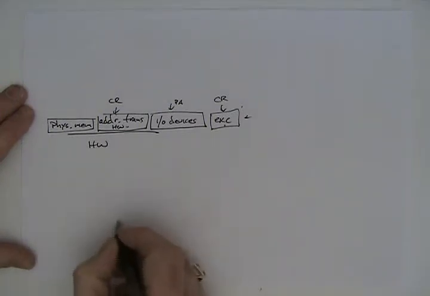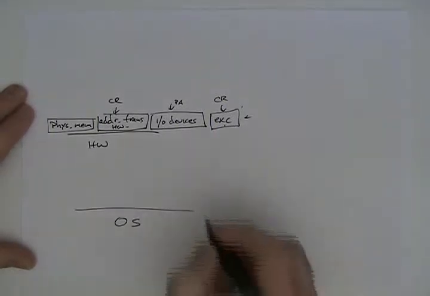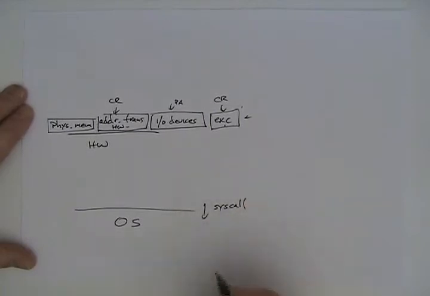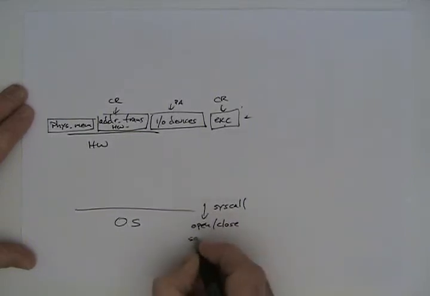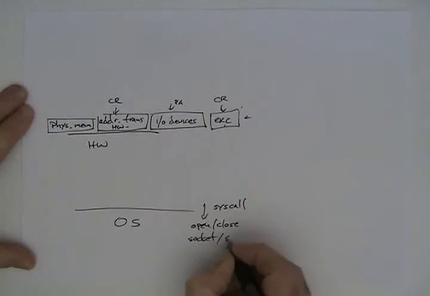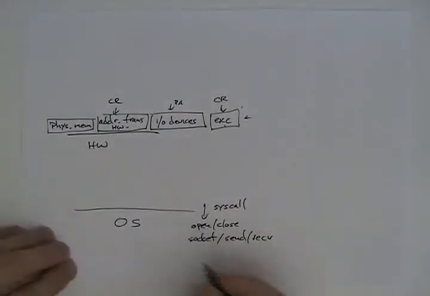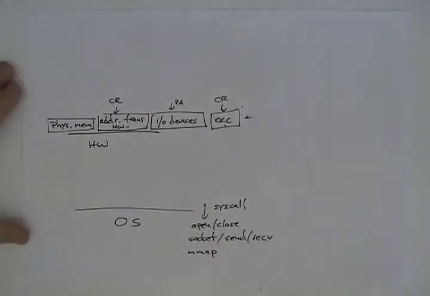Whereas a typical OS, the interface it provides is a system call interface. So open, close, socket, send, receive. You don't have malloc at the syscall level. You have, for instance, mmap to allocate memory.